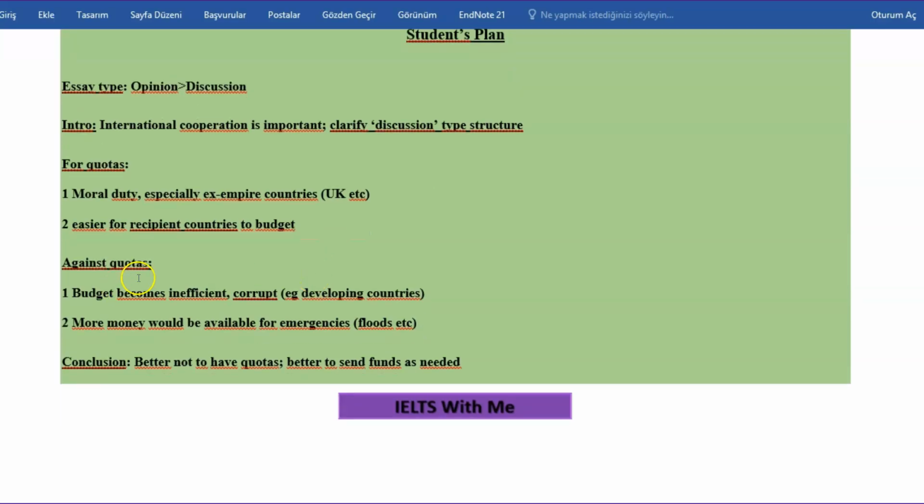And against quotas, here we see two points. Number one, the budget becomes inefficient, sometimes because of corruption, especially in developing countries. And number two, more money would be available for emergencies in times of floods and other global challenges. In conclusion, it is better not to have quotas, better to send funds as needed. Okay.